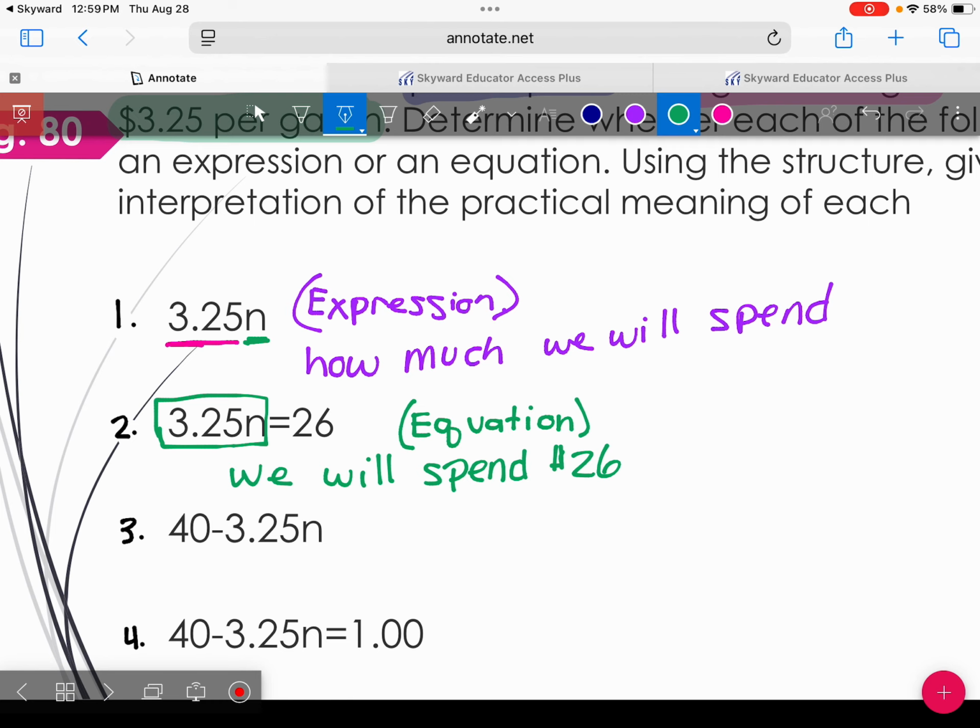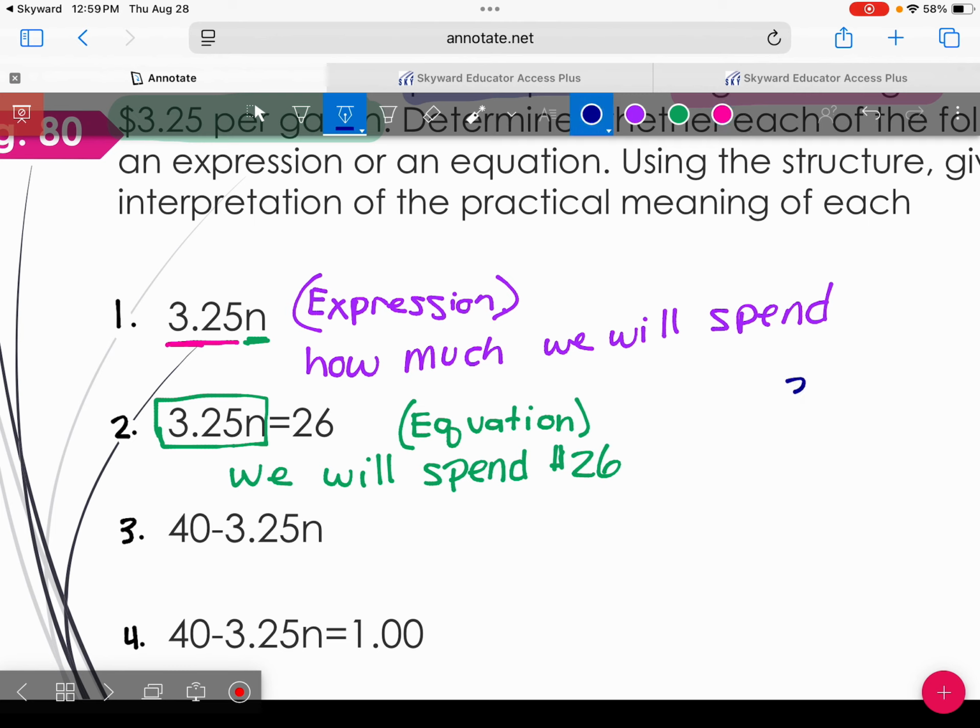Divide. Yeah, if I took 26 divided by the 3.25, that is 8. We could solve this. When we have an equation, we can solve it to get to an n equals or an x equals.